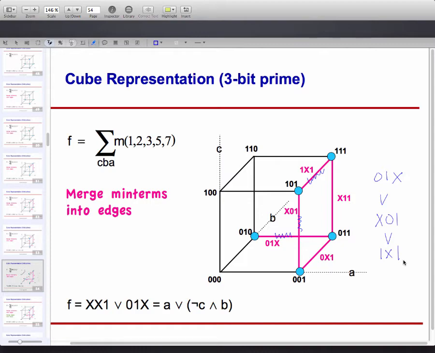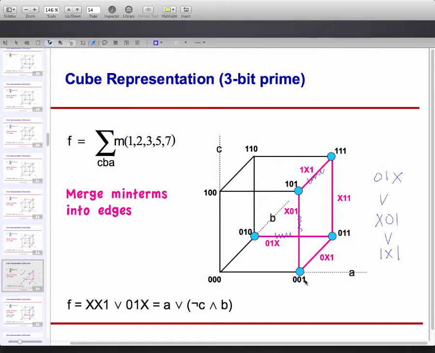Now the same concept of merging edges, merging nodes which differed in one variable, I could also merge larger groups of nodes where more than one bit position is being changed. So if I look at a face of a cube, in this case this face, which is 101, 111, 011, and 001, what literals are changing and what are being held constant?